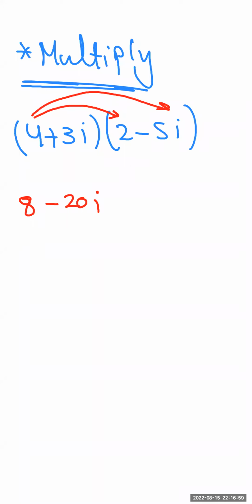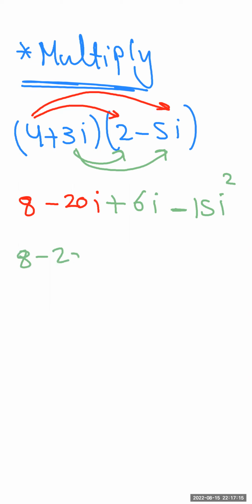Then the next number, 3i times 2 plus 6i. 3i times a negative 5i, negative 15i squared. Now 8 minus 20i plus 6i. I squared means what, guys? Negative 1. So negative 1 times a negative 15 is plus 15.